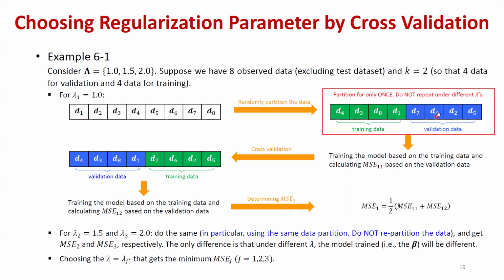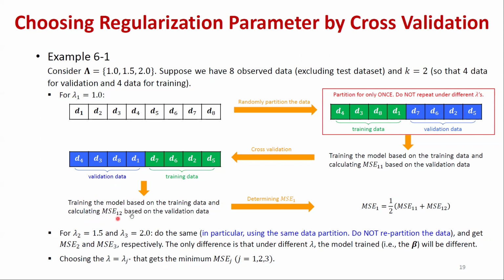Cross validation means I make the green data here the validation data, and meanwhile make the blue validation data this time the training data. You see I cross it: this one is validation, this one is training. Now I train the model based on D7, D6, D2, and D5, and then I calculate the MSE on the validation data.